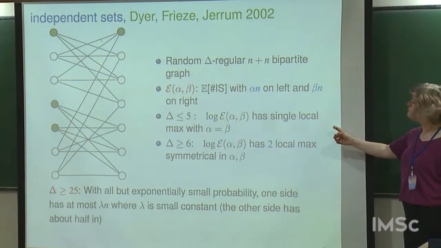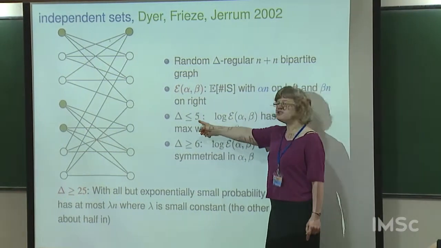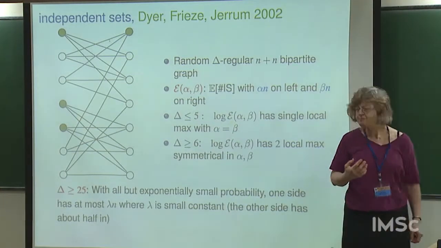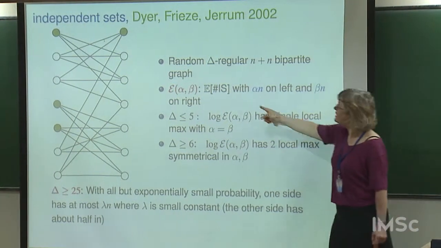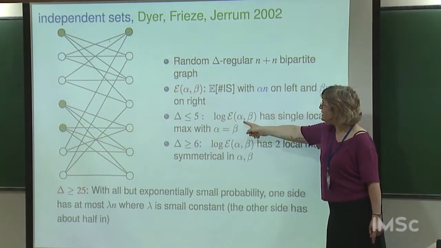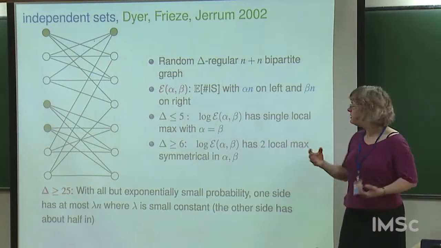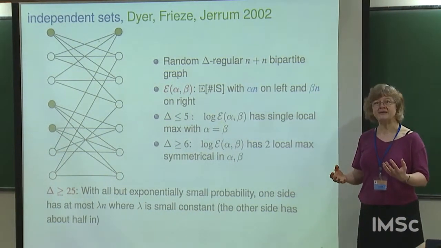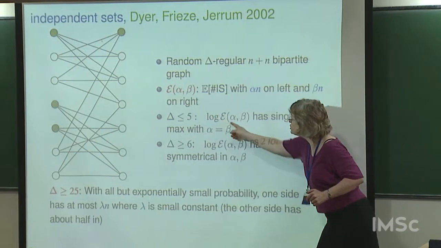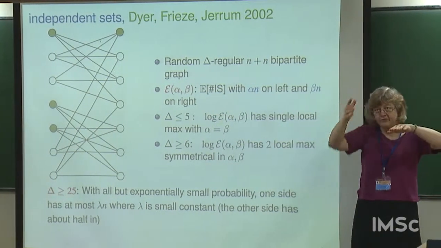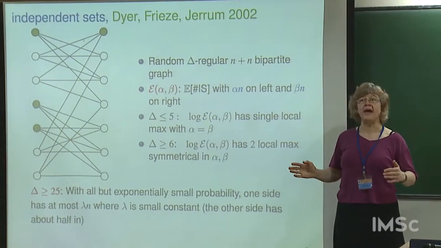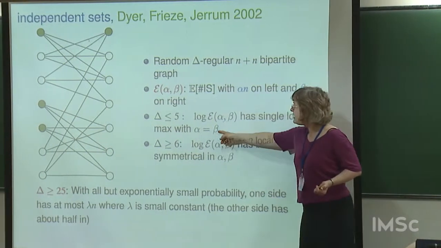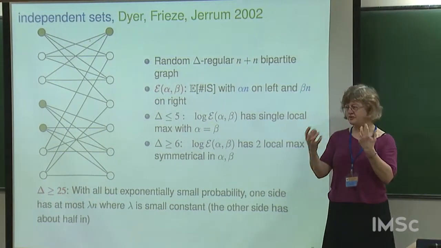And what they found is that if delta is sufficiently small, then the logarithm of E alpha beta has a single local maximum. So if you study this function, the log of E of alpha beta, there's only one local max in the whole function, and it has alpha equals beta.